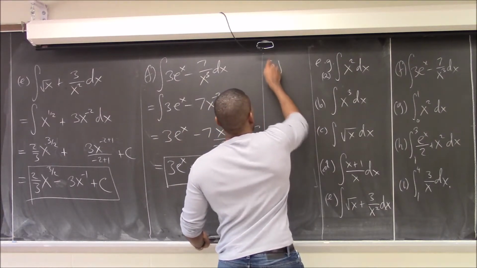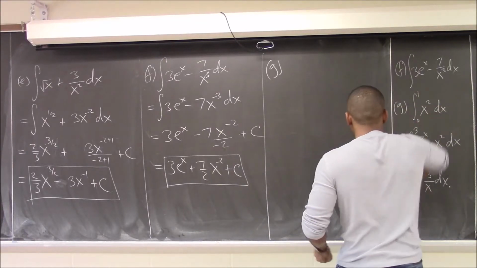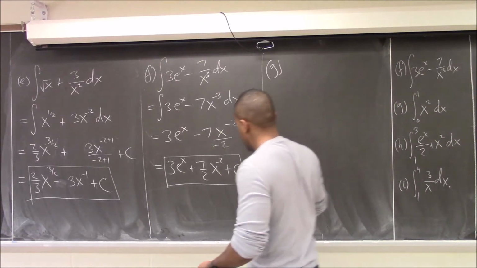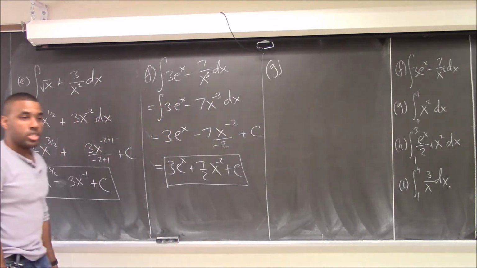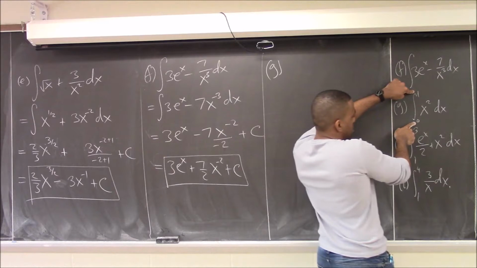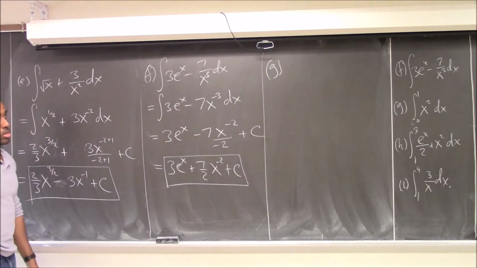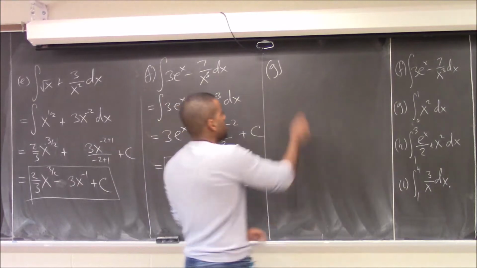How about G? G is a definite integral. You notice that G has numbers on it. So it's the antiderivative of the whole, upper limit minus the lower limit. Right, we use the fundamental theorem of calculus.